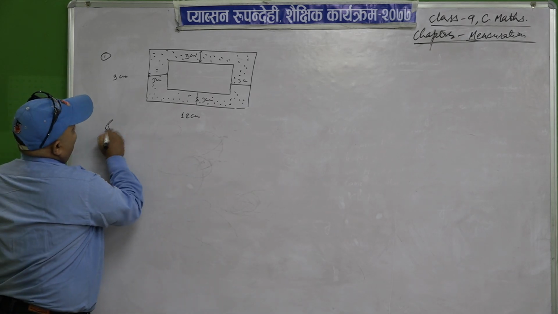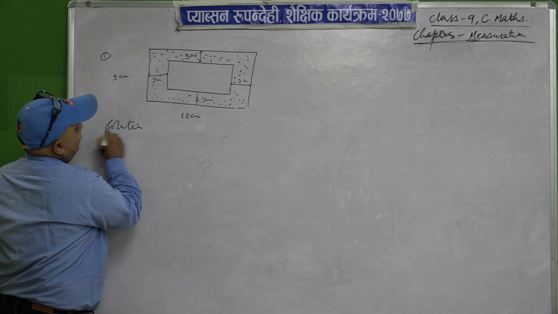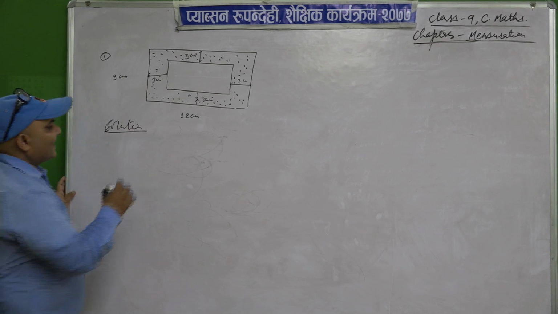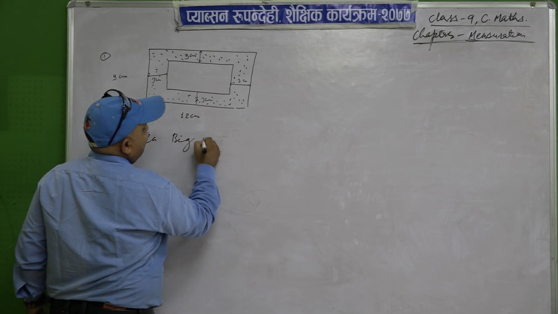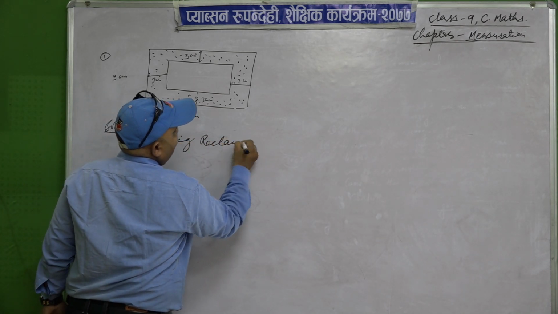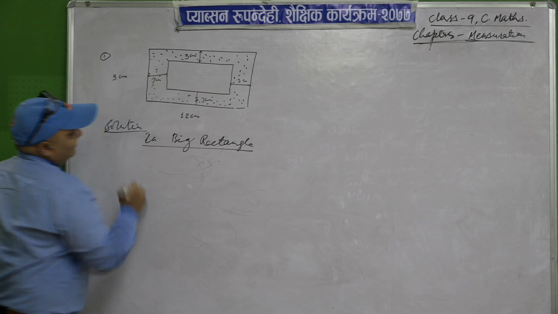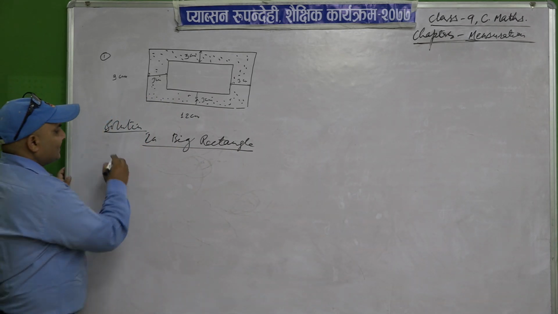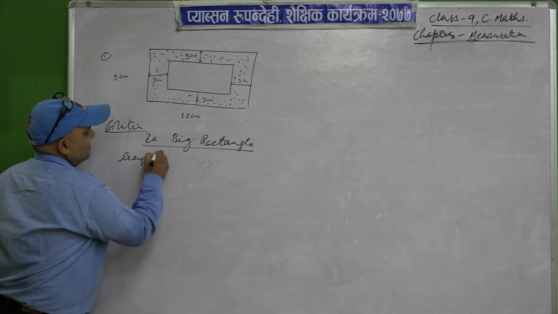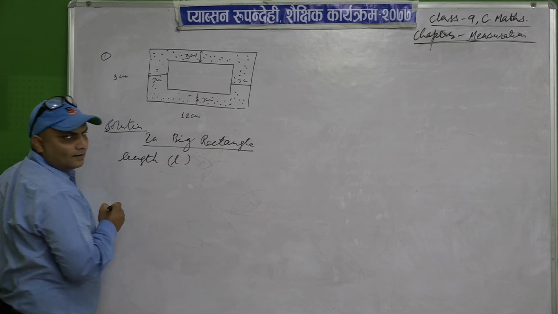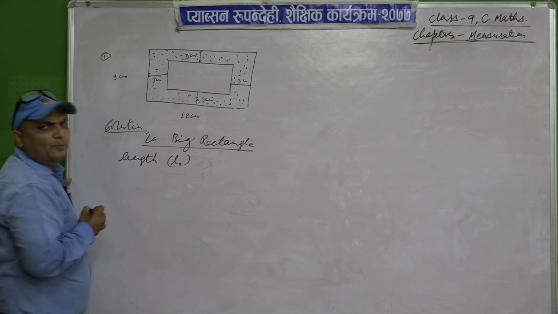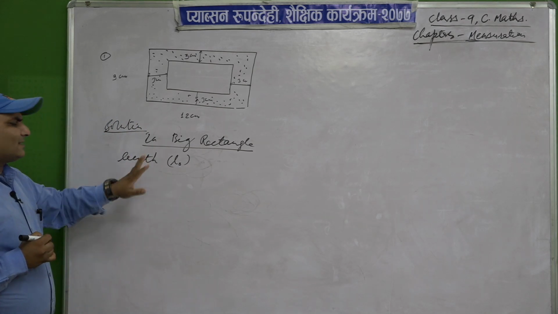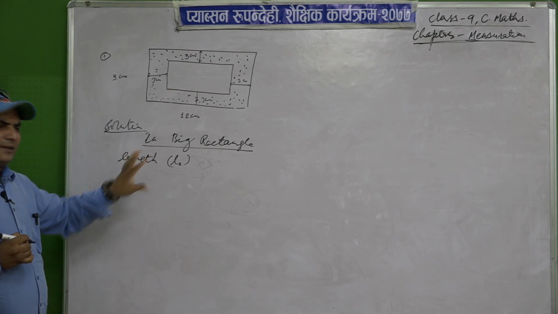See, in the big rectangle, what is the length? You can write L_B, B meaning big rectangle, or you can say L1 or L2 or anything.